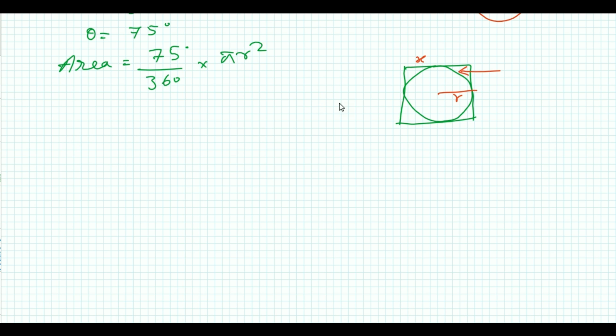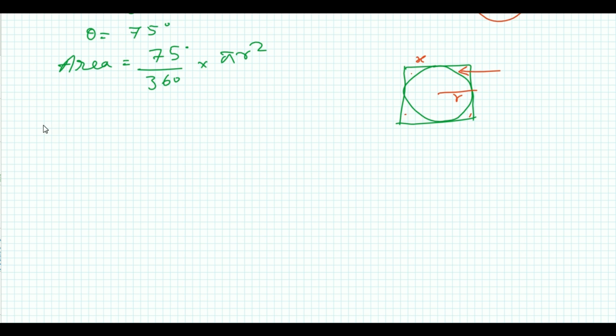From this figure you conceptualize that we will find the area of the square and after that we will subtract the area of the circle, and that will be divided by 4 because all these 4 portions are similar.